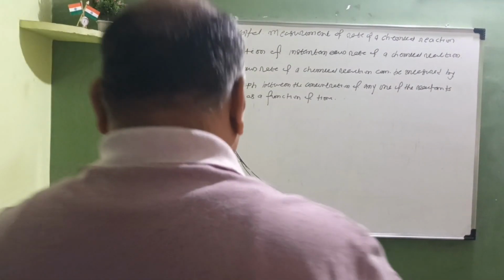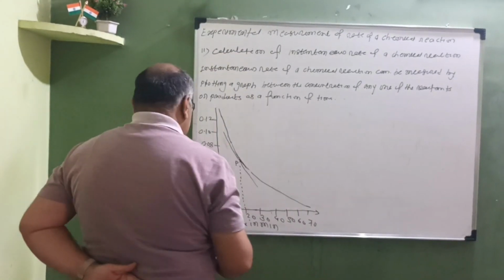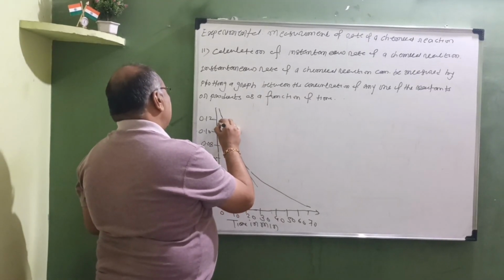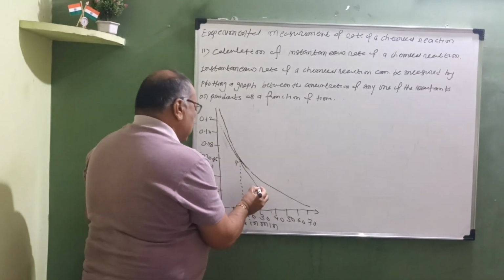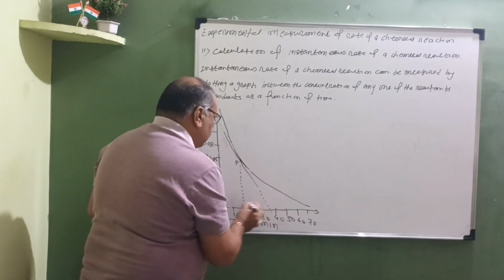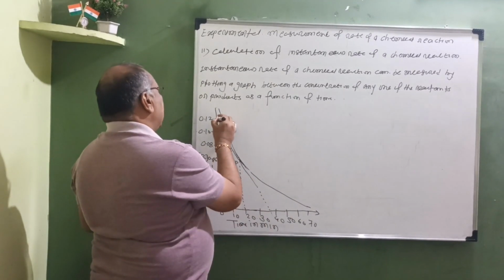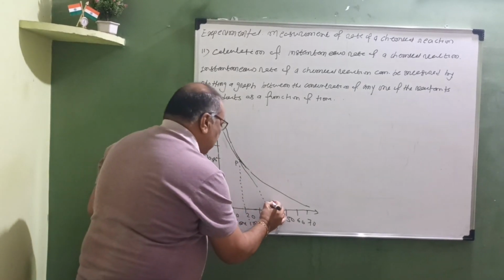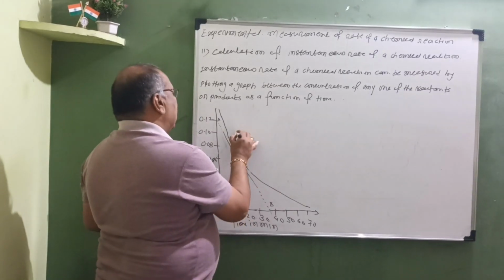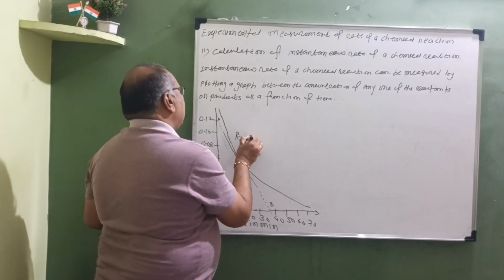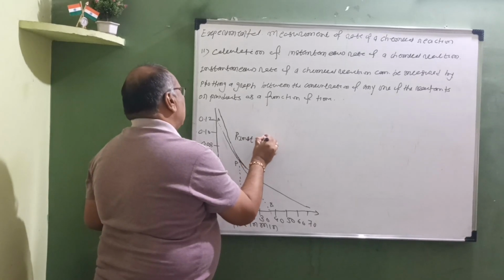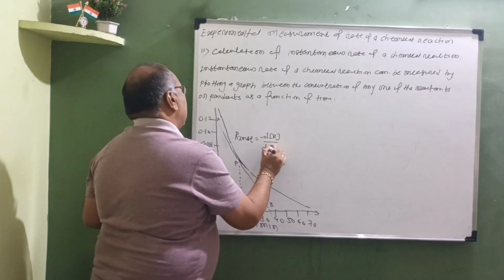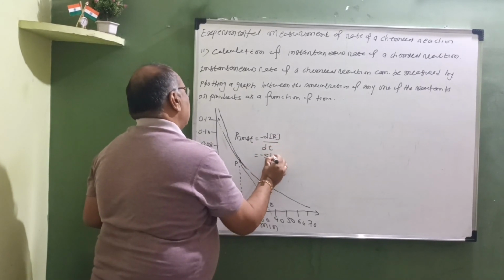Now extend this tangent along y-axis as well as along x-axis. This point is called A and this point is called B. Here write down R instantaneous is equal to minus dR upon dt, which is equal to minus slope.